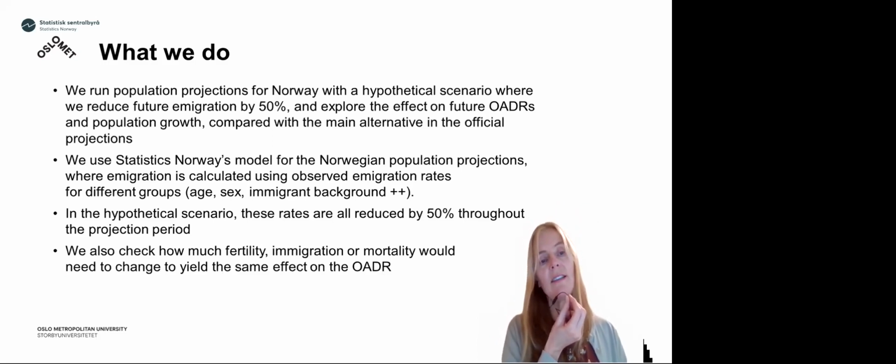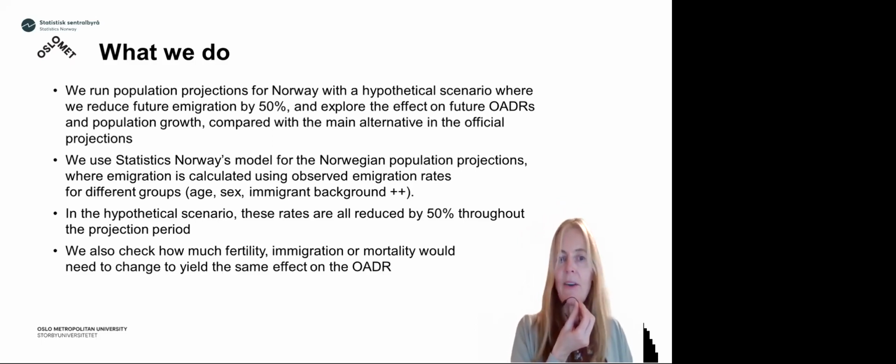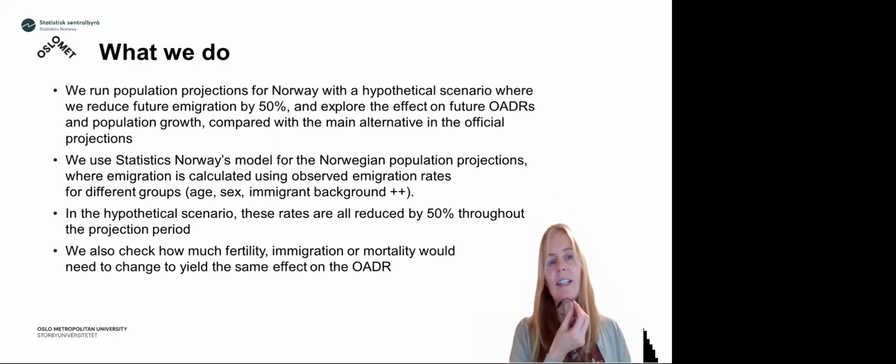And we use Statistics Norway's model for the Norwegian population projections, where emigration is calculated using observed emigration rates for different groups, such as by age and sex, immigrant background, and some other characteristics. And in this hypothetical scenario, the rates are all reduced by 50% throughout the projection period. We also check how much fertility, immigration, or mortality would need to change to yield the same effect on the old age dependency ratios.